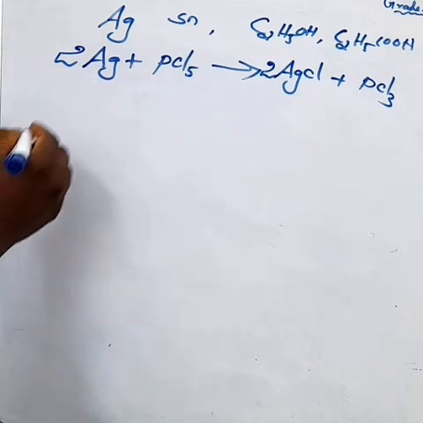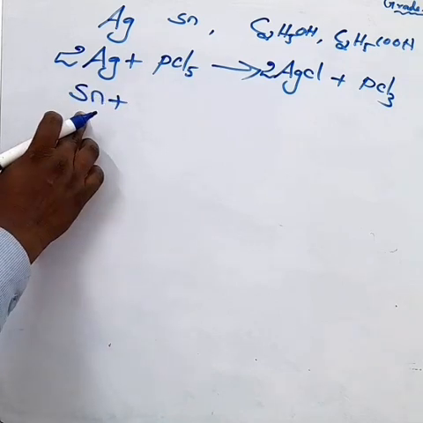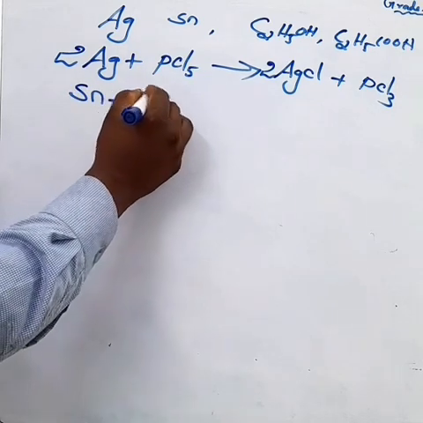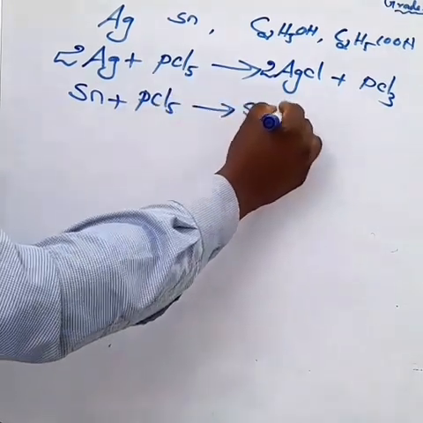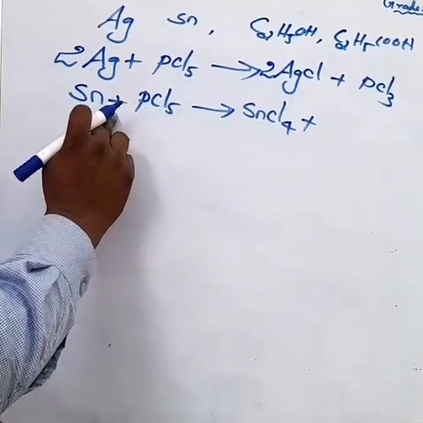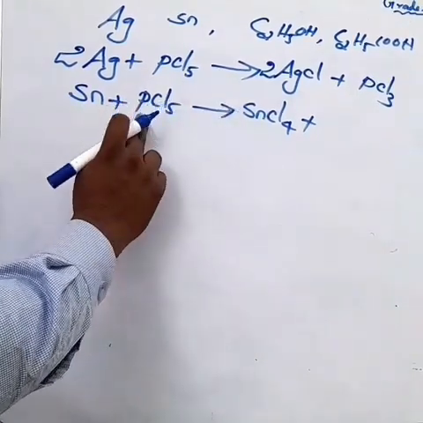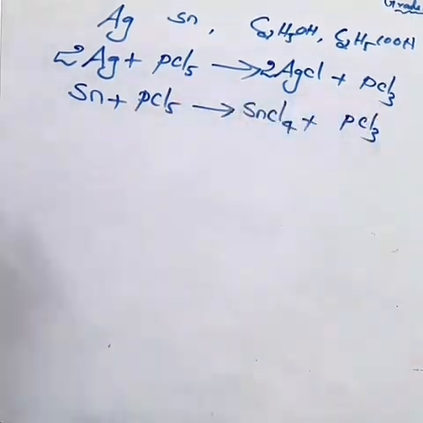Next, I'm taking tin metal, that is Sn. This Sn reacts with the PCl5. We get SnCl4 plus this phosphorus combines with the chlorine to form phosphorus trichloride. How can you balance the equation?